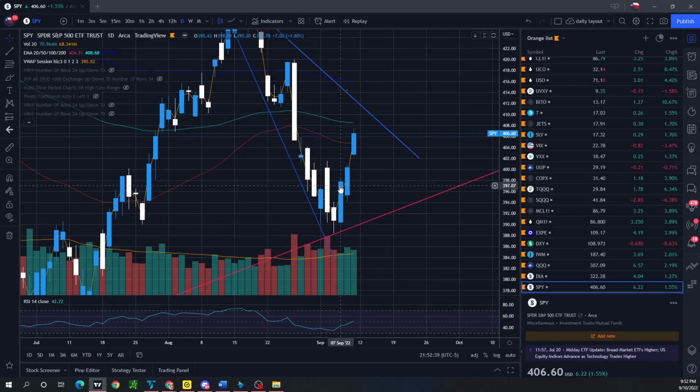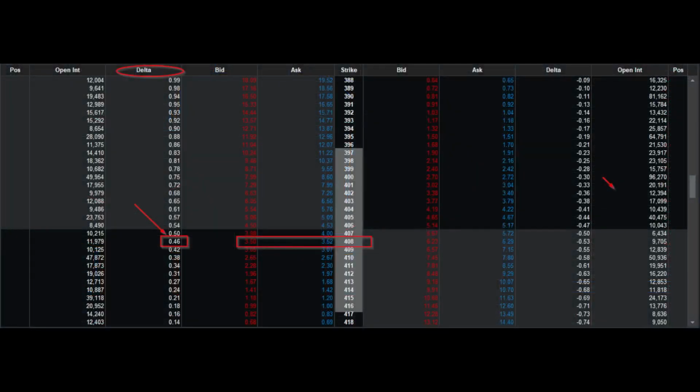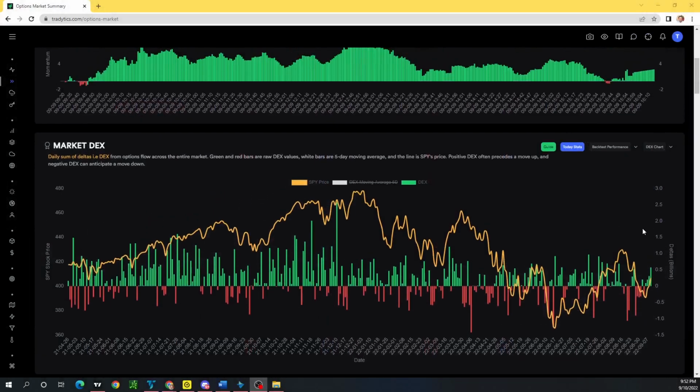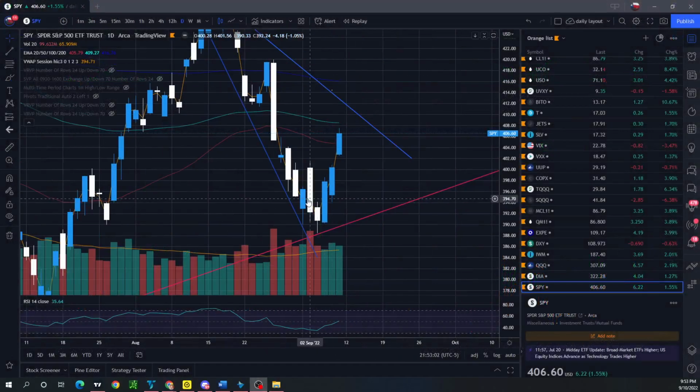We don't have to go back very far. Looking at the 7th, we actually had a green bar. If we go back and look here on DEX, we can see the 6th had a green bar and the 7th had a green bar. So if you bought towards the end of the day, we closed at $397.78.